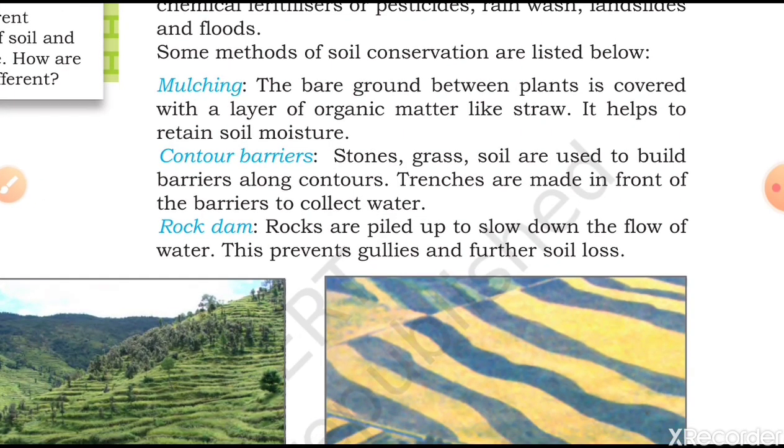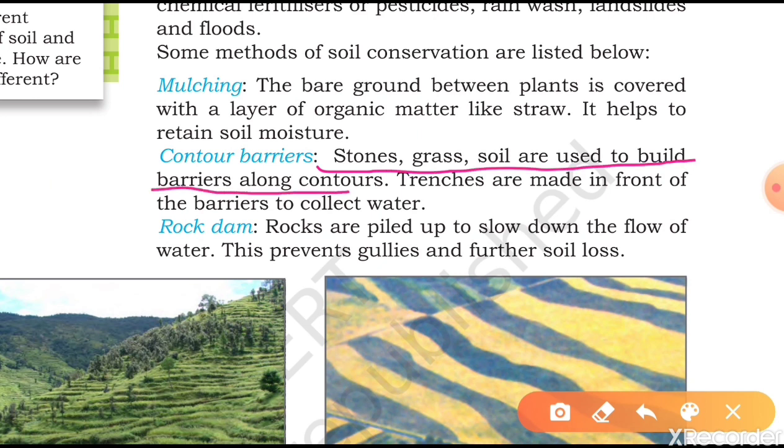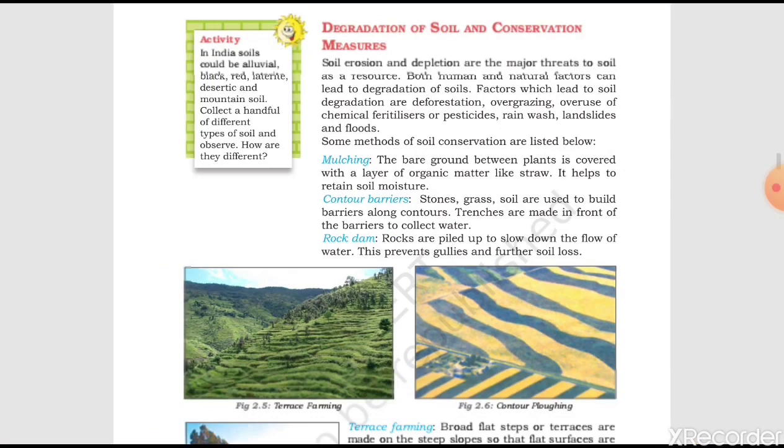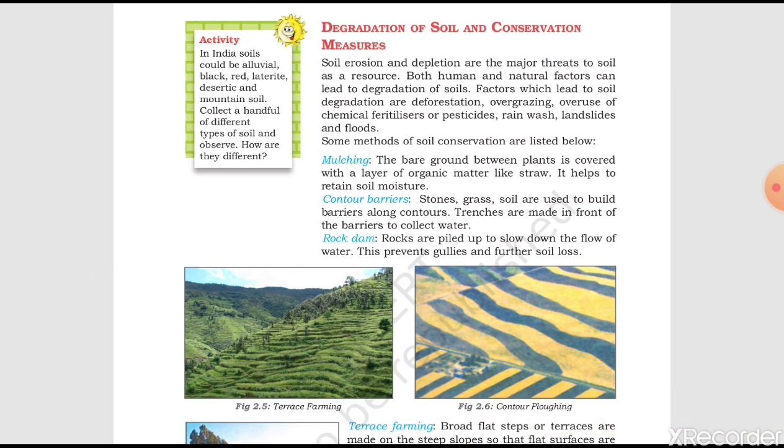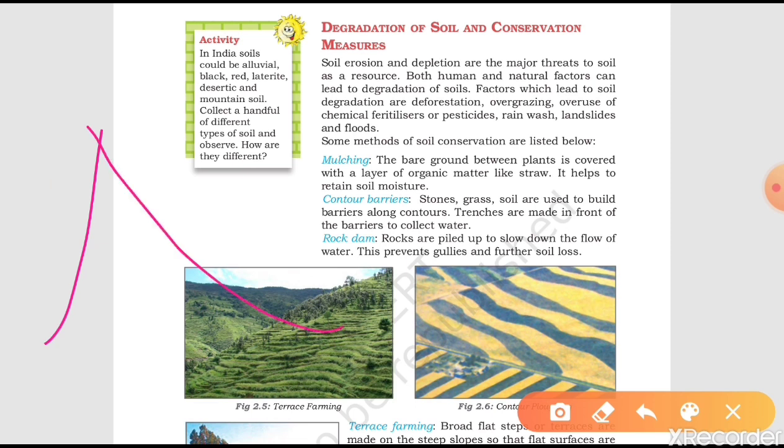What are contour barriers? Contour barriers use stones or soil to build barriers along the contour. Trenches are made in front of the barrier to collect water. So how is this done? Contour barriers are when, on a steep slope, the slopes are covered with stones or grass in a parallel line, so that when the water falls over it, there is retention of water.